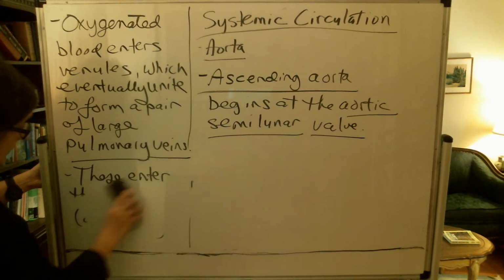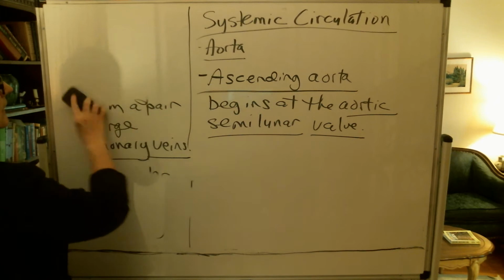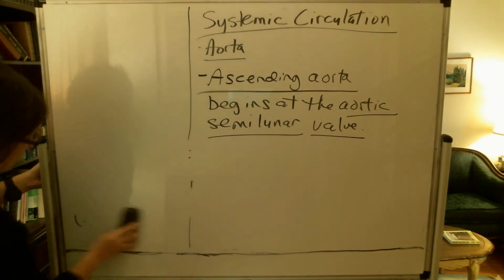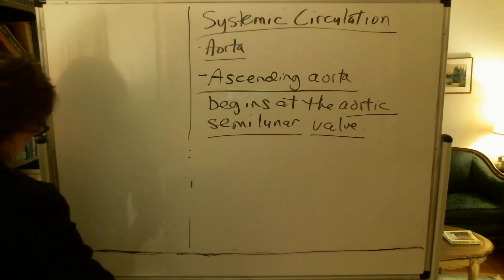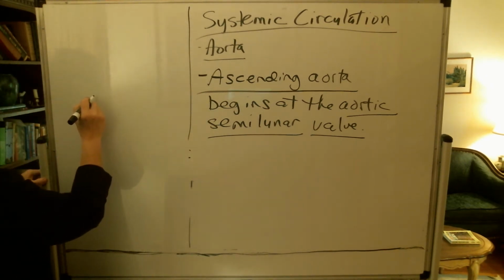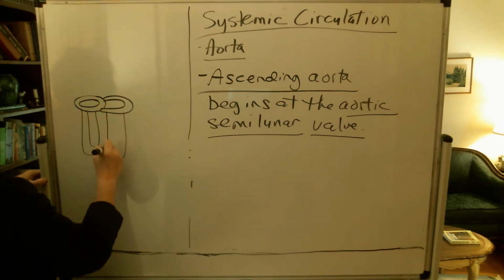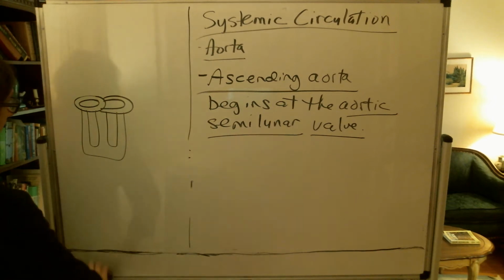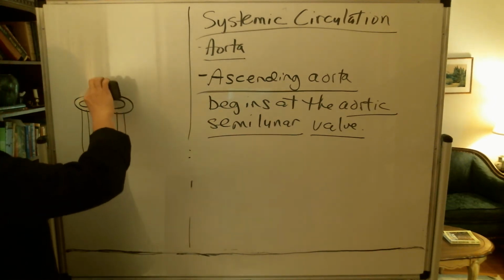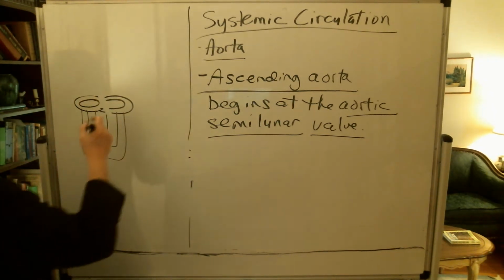Now, let me explain what's going on here. You remember the aorta, I hope. So we have the heart, right? So I'm going to draw this entirely disproportionately, but here we have the heart, and here we have the aorta coming out of the heart.